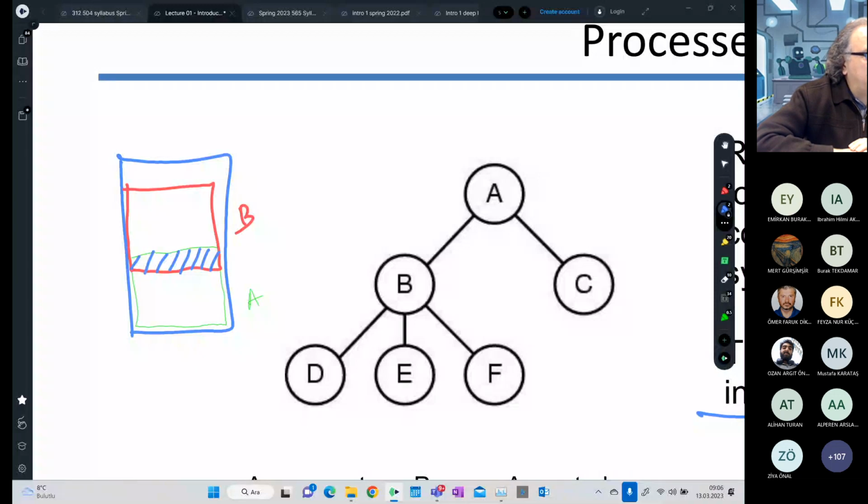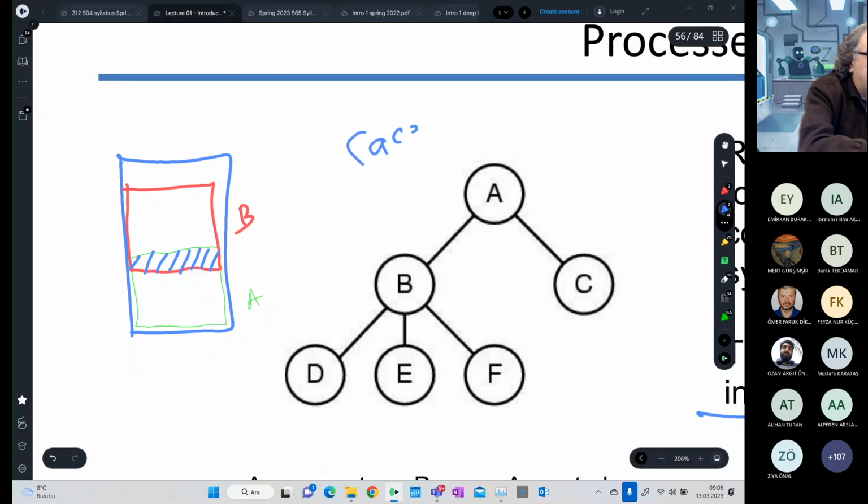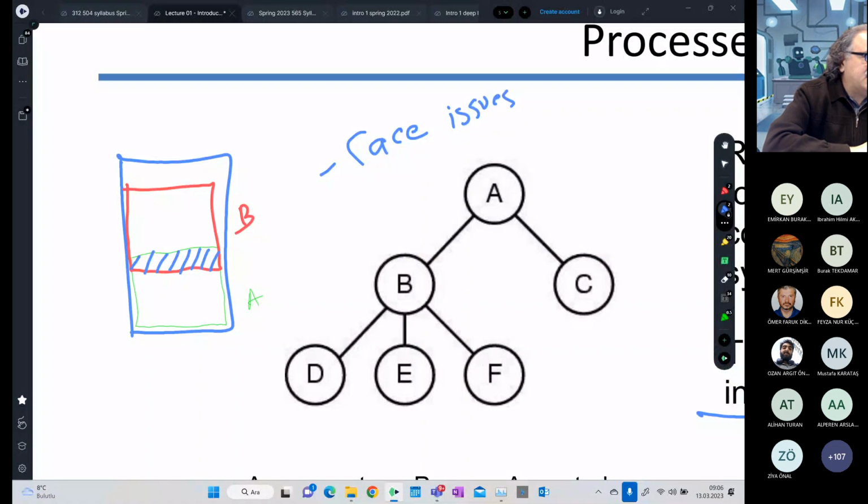But although the communication is simple, there are many problems that can arise from this kind of data sharing. Most of them are called race issues. We'll talk about those. Inter-process communication requires synchronization. I have to do it in a synchronized way.